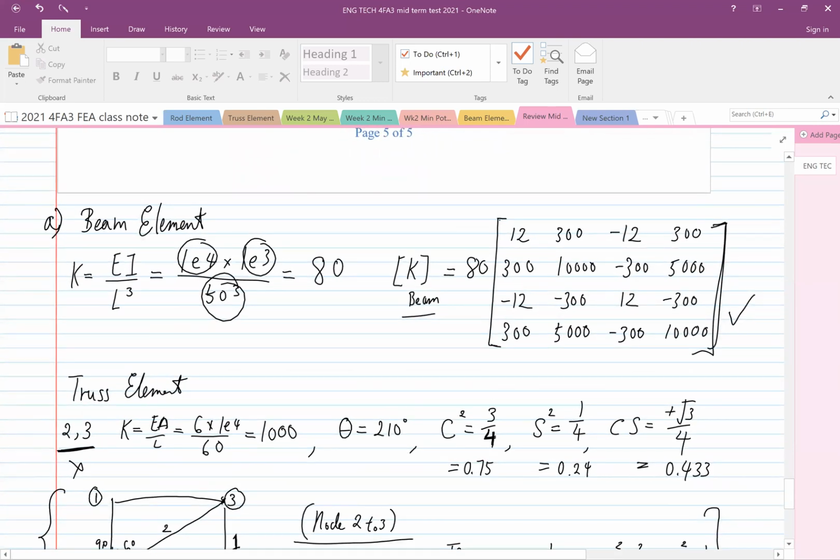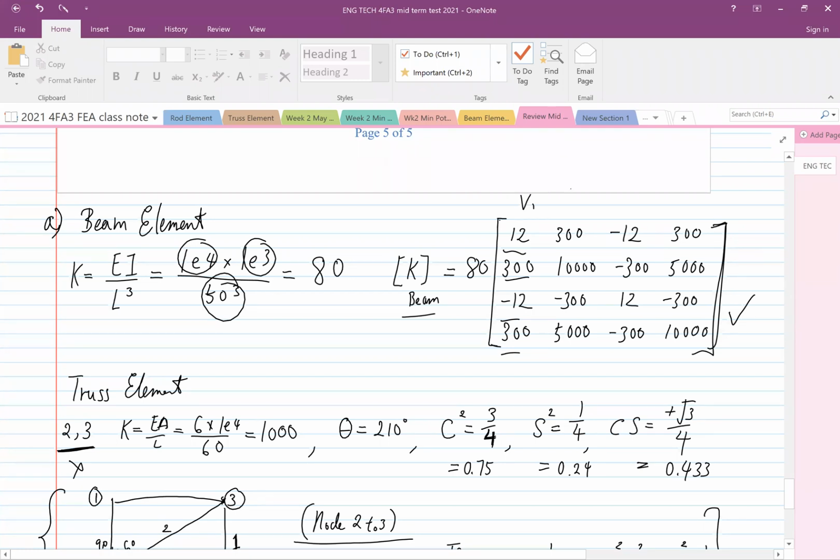When you work on the global matrix, the first step, you label your local matrix, and then according to the new address, you move those numbers into the new space.